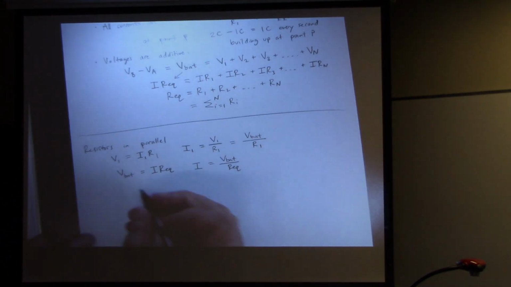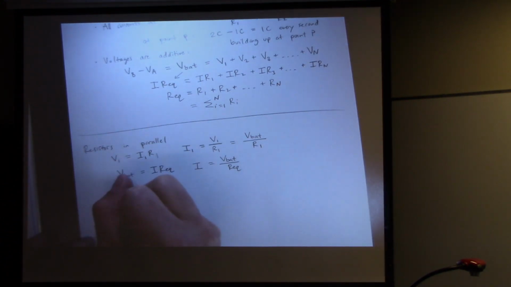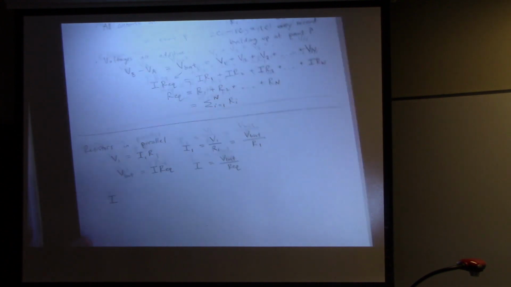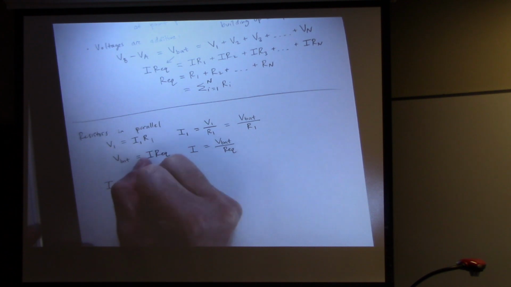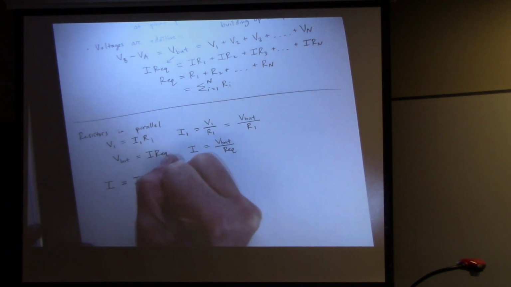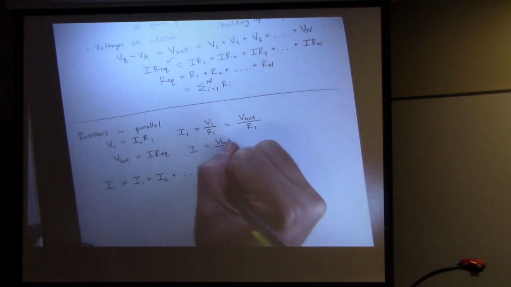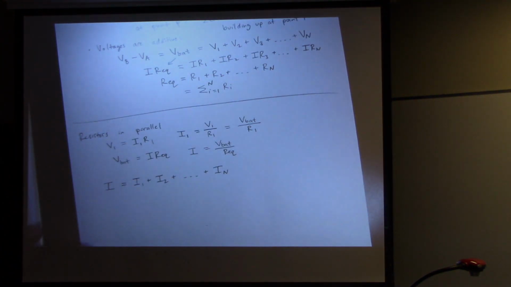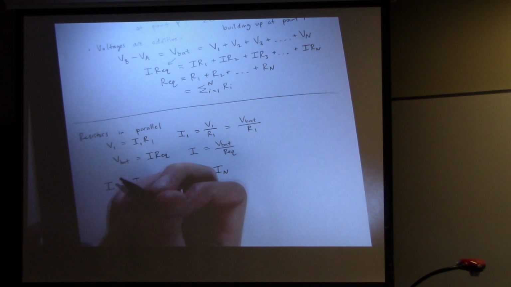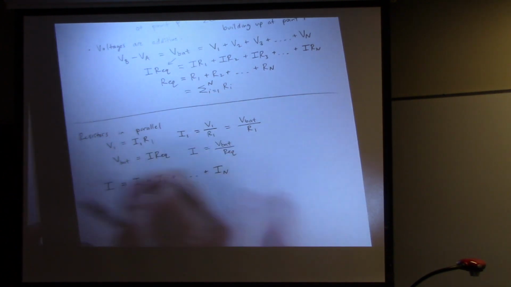The next thing I want to think about is, again, the fact that the currents add together. I is equal to I1 plus I2 plus ... all the way out to I sub n. So the next thing I'm going to do is just sub in for each one of these currents.